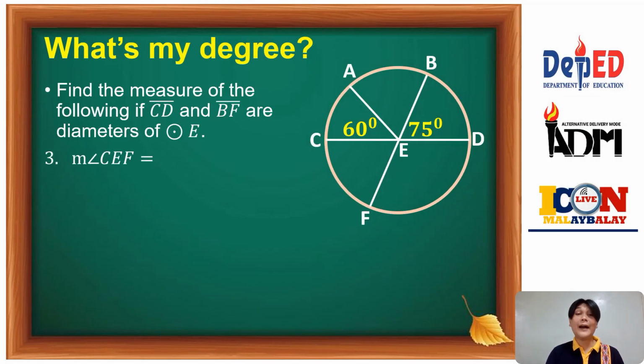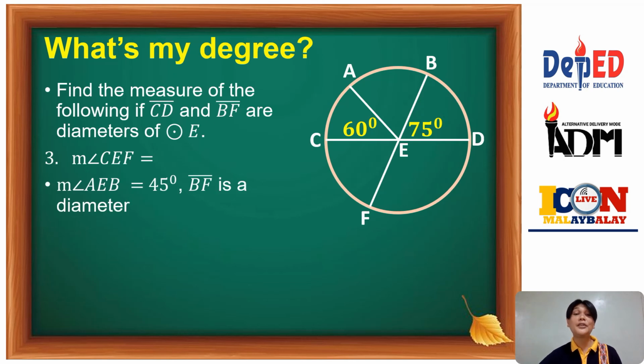Find the measure of angle CEF. The first thing that we're going to consider is the measure of angle AEB, which is 45 degrees, as we solved earlier for number 1. And also, line segment BF is a diameter.